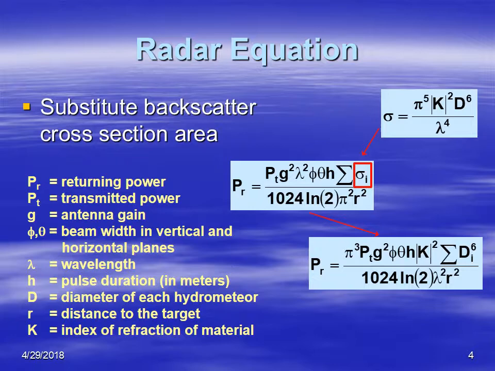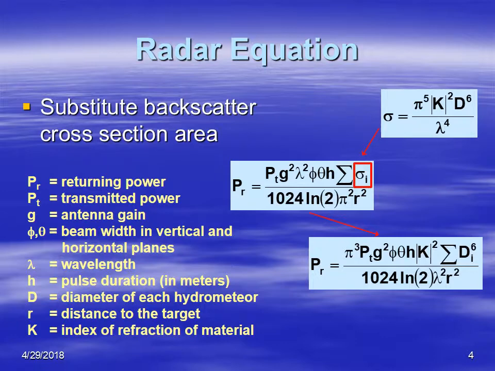Also you see the index of refraction, which is k raised to 2. It's got the wavelength, lambda to the 4th, but then it's got D^6, and that D raised to the 6th power is the diameter of all of those ice crystals and raindrops in that volume of radar beam. So we're going to stick that in there. We're going to start canceling things out.